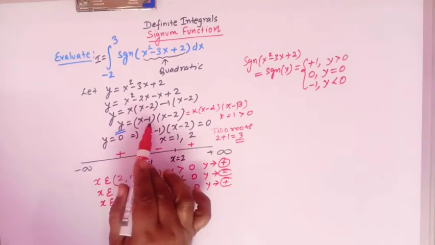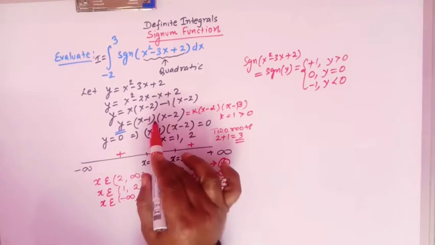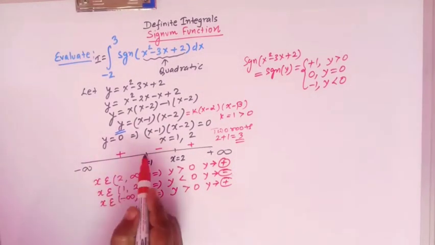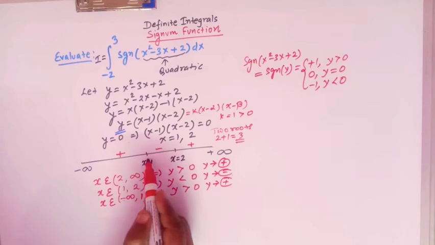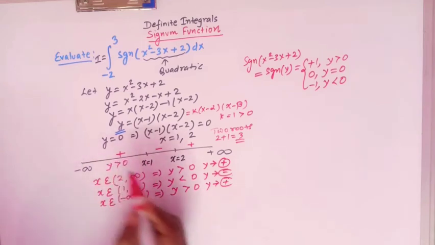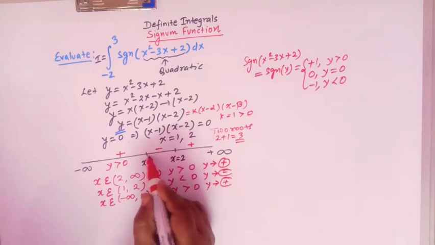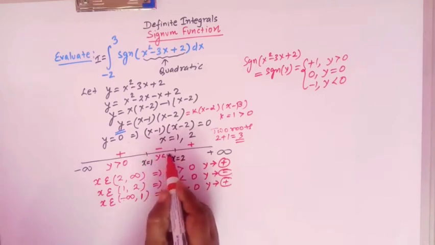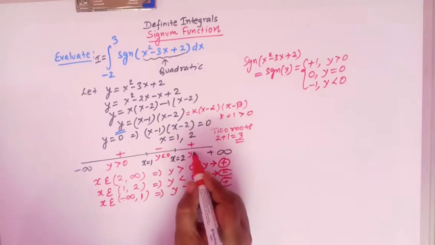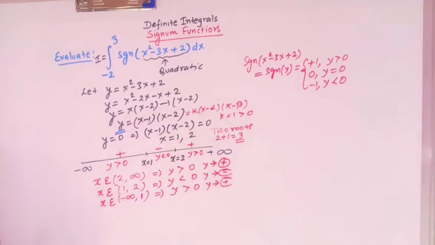y is x minus 1 times x minus 2, right? And we have just seen that in the interval from minus infinity to 1, y is greater than 0, from 1 to 2, y is less than 0, and from 2 to infinity, y is greater than 0, right?